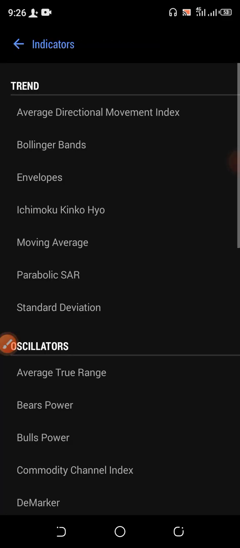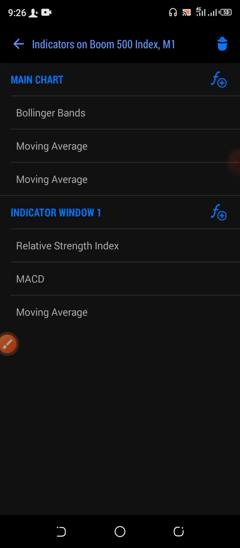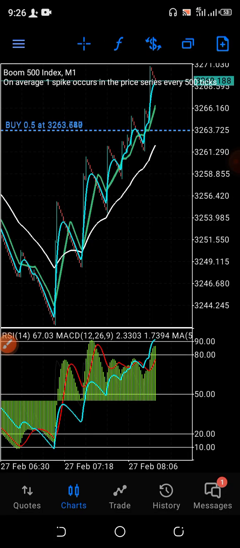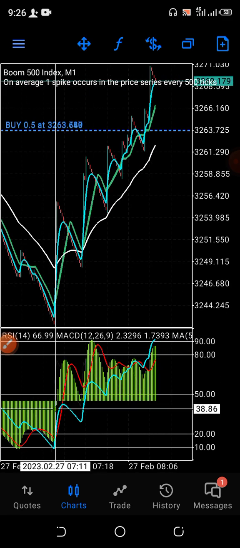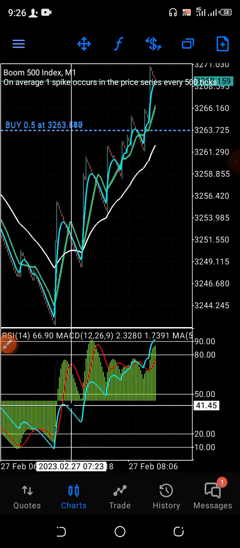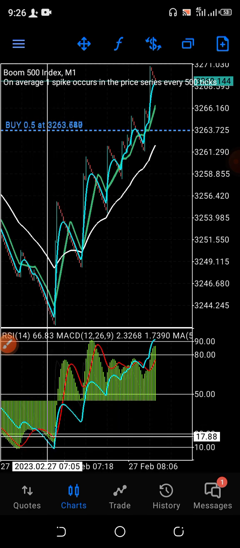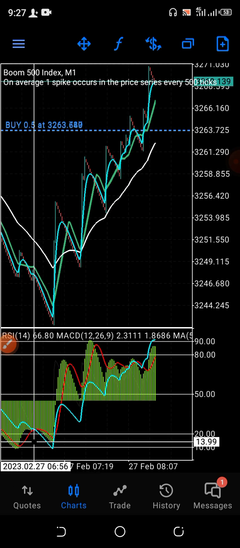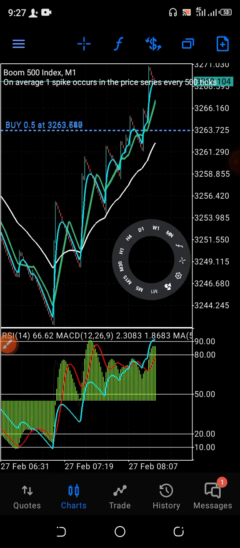So I will now add the 5 moving average. Do you see how I added the line? Why did I add the line? Because the moving average needs a line, so you can see the movement, to see when it has touched the higher level and when it's about to go down.